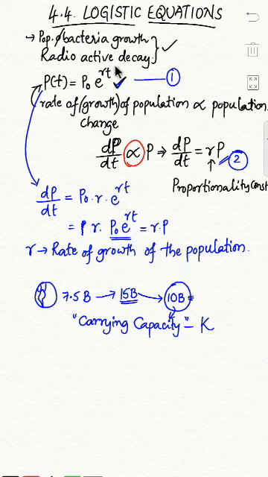Even in any population, even in bacterial growth, for suppose there is milk and you add some bacteria so that it can turn into curd. If you put 1 liter of milk, then only a certain number of bacteria can be present in 1 liter of milk.